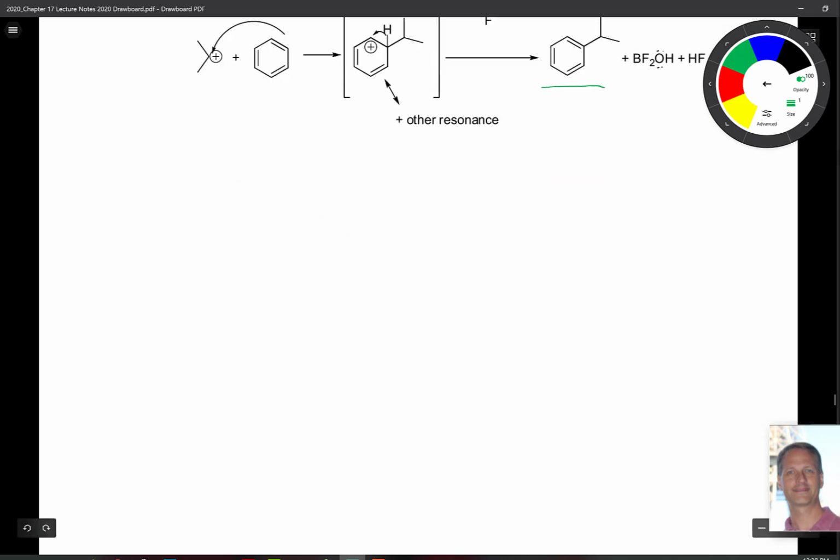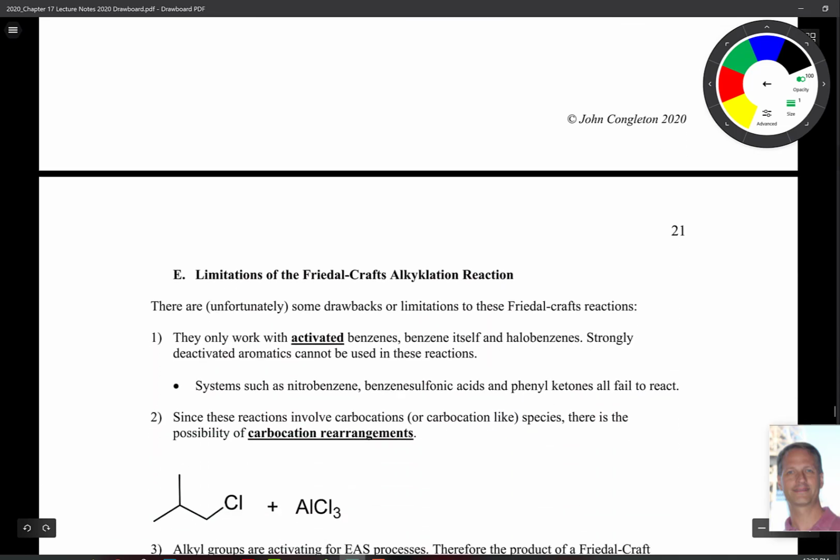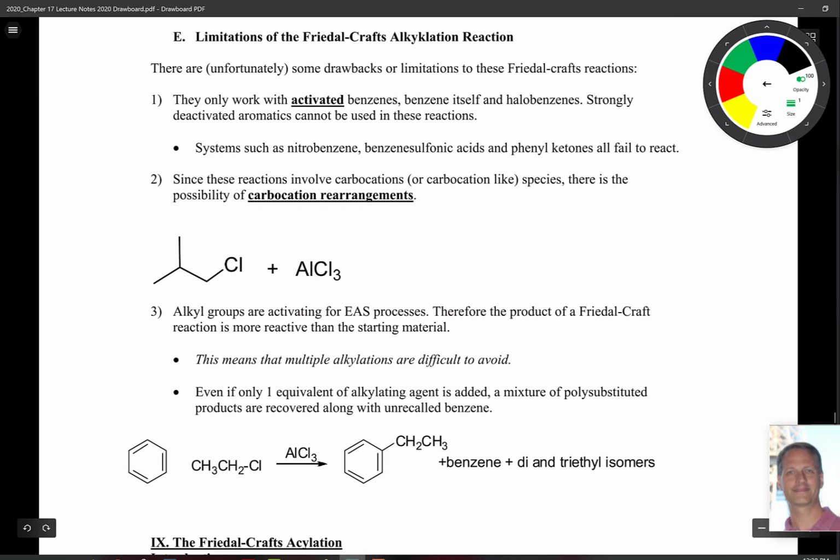So you get your alkylated benzene, essentially. Now, there are some limitations here. Some of the limitations I've mentioned before. One of them is that we can have carbocation rearrangements. In fact, if we look at number 2, that's what's highlighted there. And the other thing that we have to be really cautious of here is that they only work with activated benzenes, benzene itself, and halobenzenes.